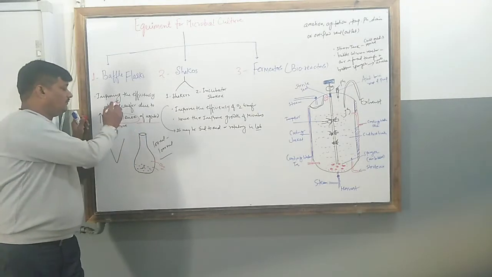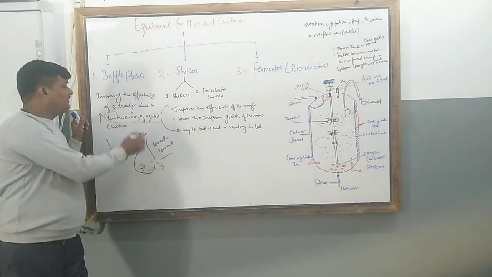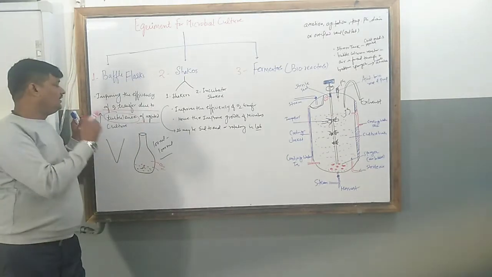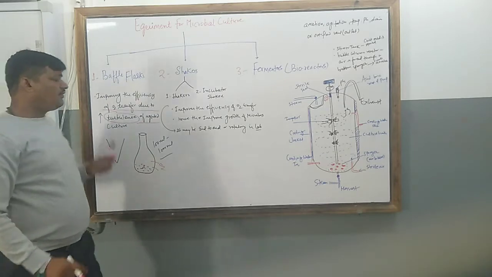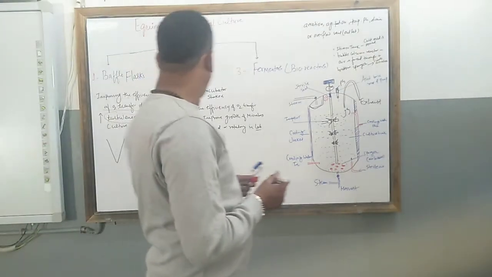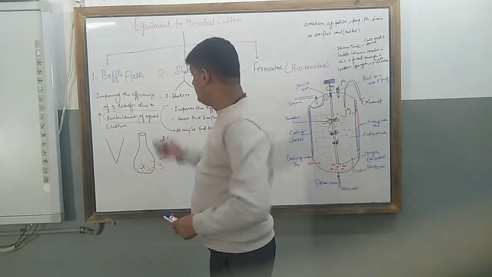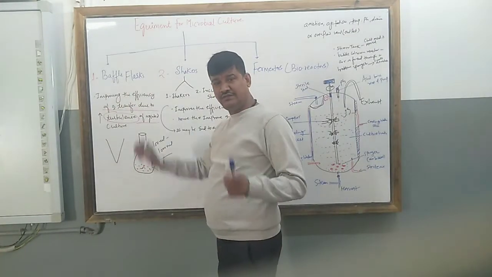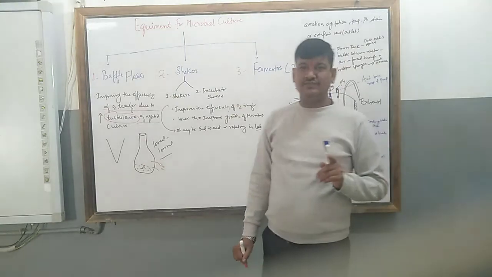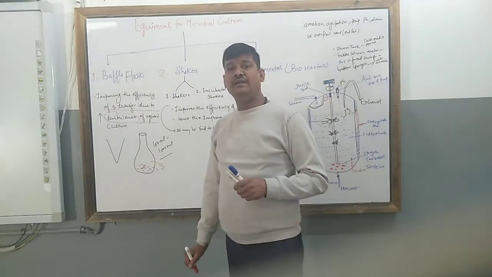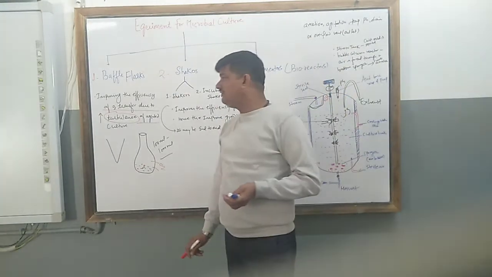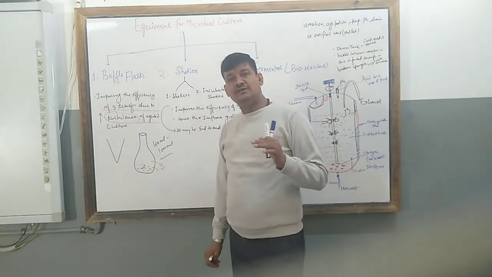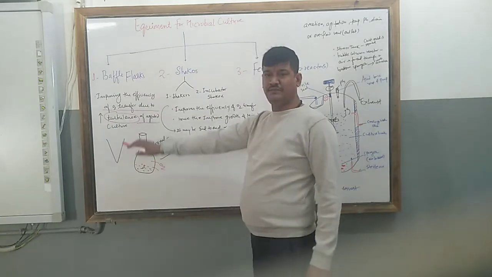So the main purpose of this Baffle flask is to increase the transfer of oxygen due to turbulence of the agitated nutrient medium in the culture vessel. The Baffle flask, a V-shaped structure, increases the oxygen transfer concentration in the culture medium.